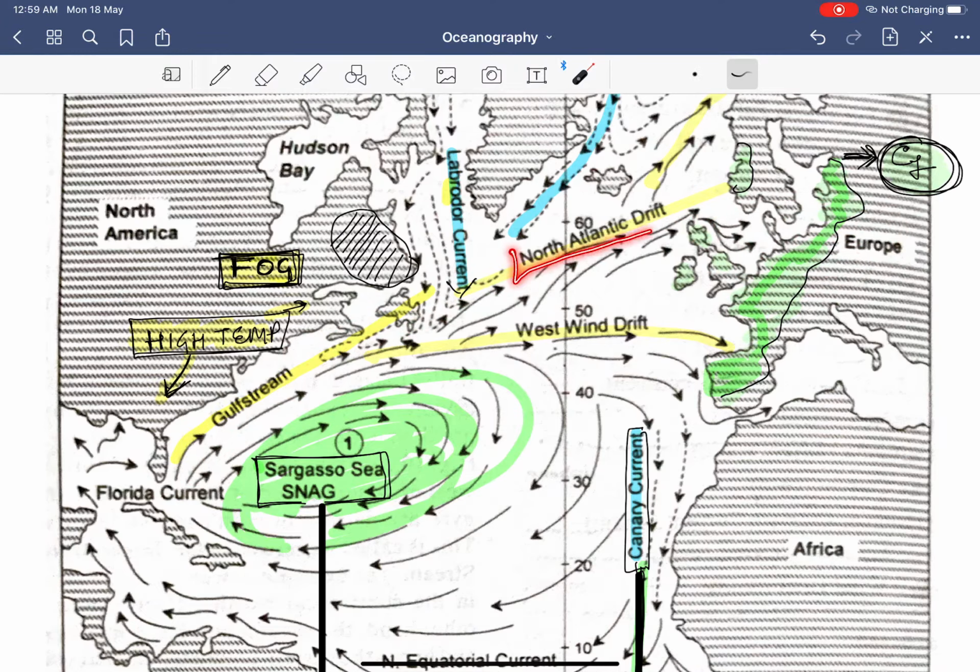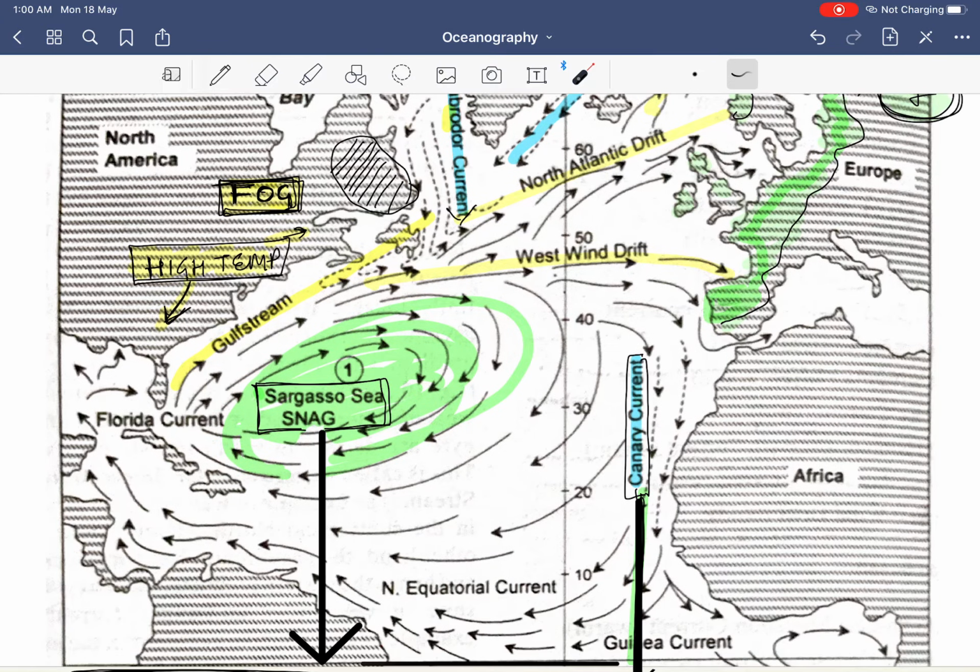This North Atlantic drift results in a European type of climate, which we classify as the CF type of climate. It means 130 centimeters of rainfall distributed well throughout the year. If you do not know what the CF type of climate is, I would request you to watch my video on Köppen's climatic classification.